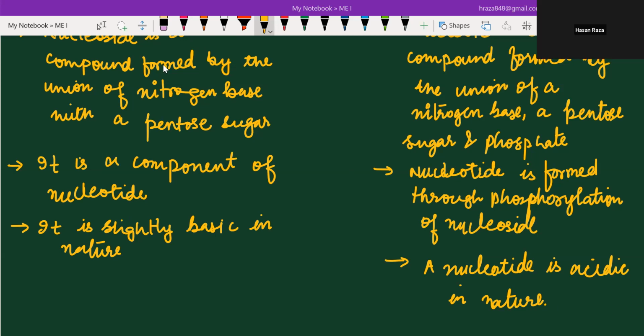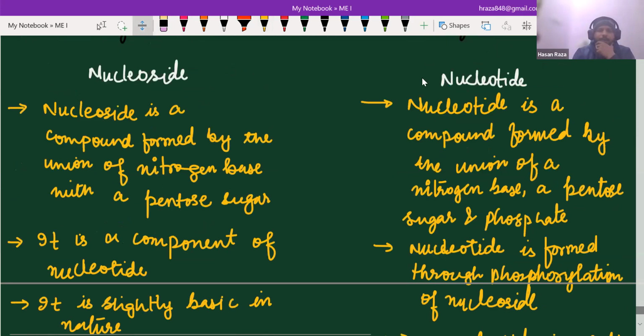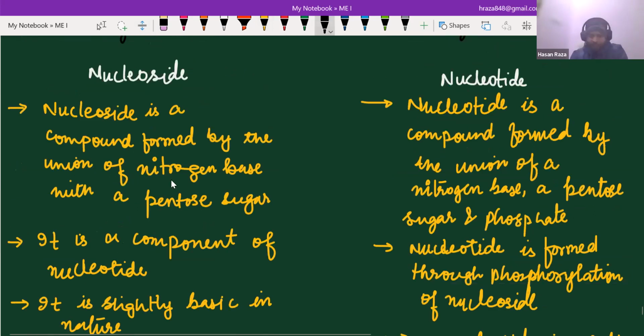So it's very easy. As you can see, this is the difference between nucleotide and nucleoside. Nucleoside is basically a compound formed by the union of nitrogen base and pentose sugar. Whereas in nucleotide, the union is nitrogen base and pentose sugar as well as phosphate or phosphoric acid.